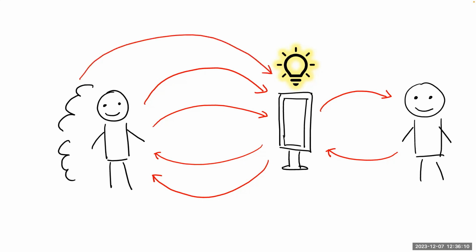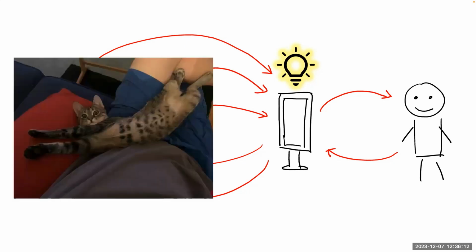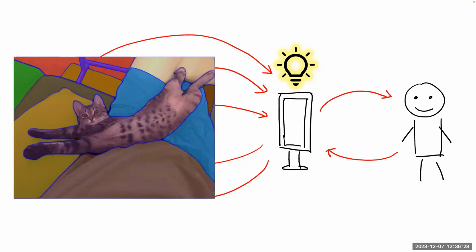In the past, pictures were just pictures. This is a picture of my cat, Ducky. It's a little bit dark here, but she's stretching there. It was usually just a set of color pixels, RGB pixels. But now with the help of machine learning models, we can know which is the cat and what is maybe my shirt or the couch, and computers can understand that.